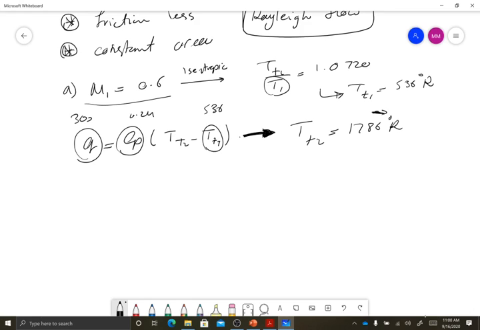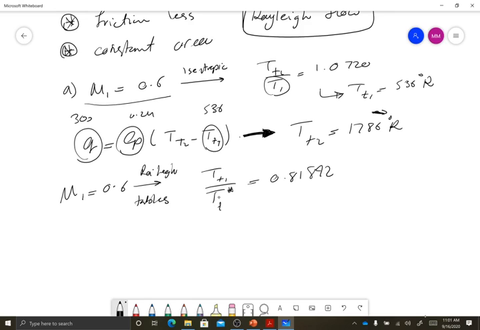Okay, so let's do this. How can we find the total temperature ratio? This time we have to go to the right tables. And if you go to the Rayleigh tables, you can find for this Mach number the inlet total temperature to the sonic total temperature ratio, which is 0.81892.